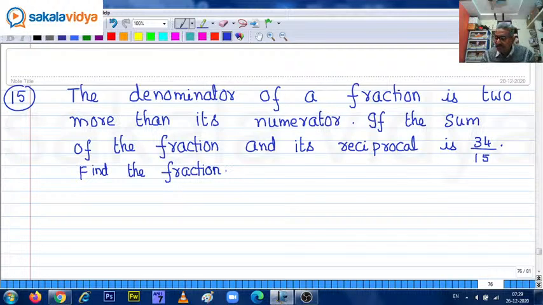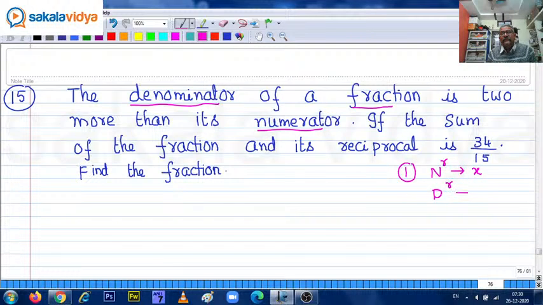Anybody completed this question? Right. See, the question: the denominator of a fraction is 2 more than its numerator. That means if you say the numerator is x, now the denominator becomes 2 more than its numerator, that means x plus 2.